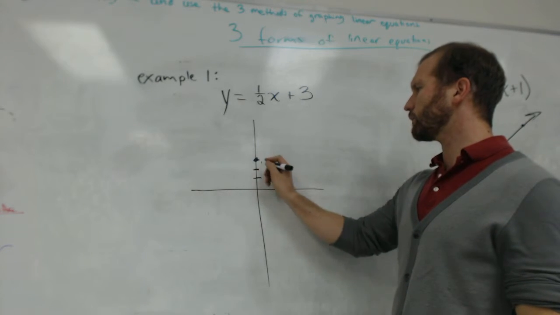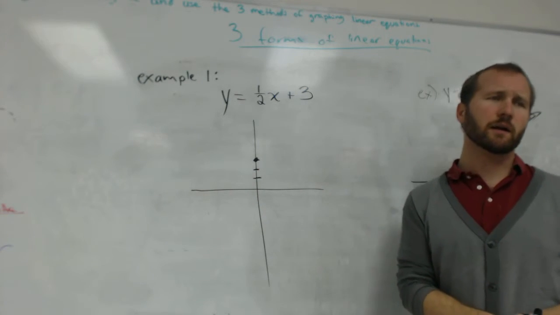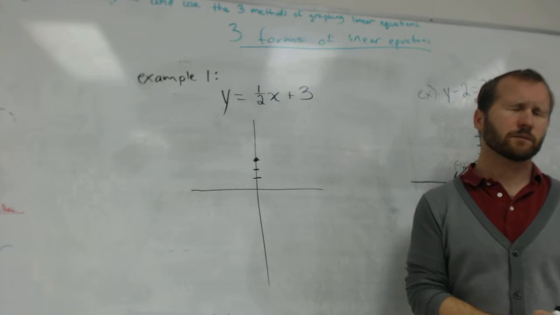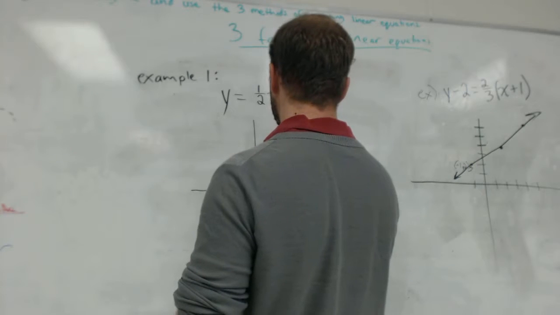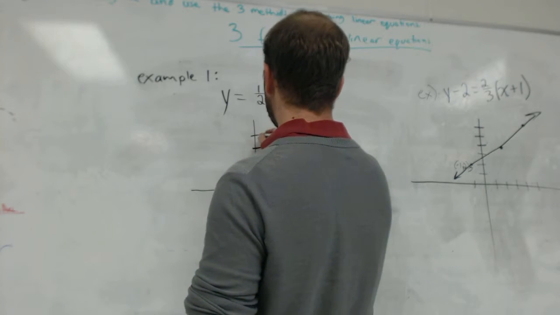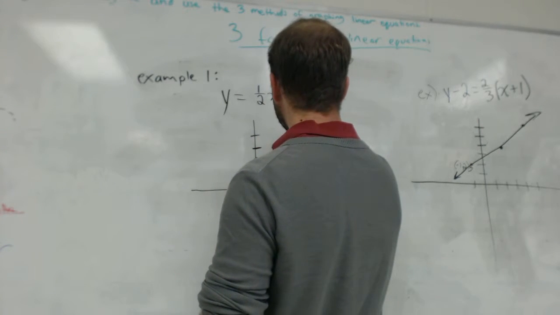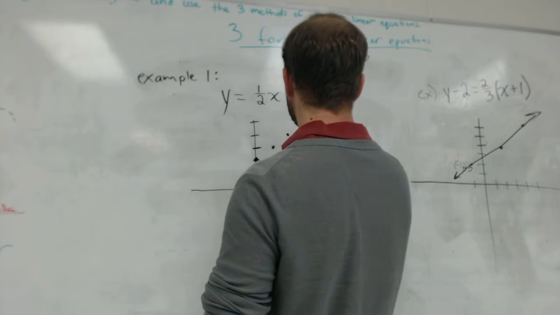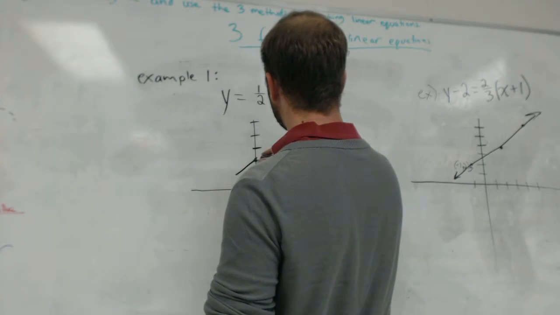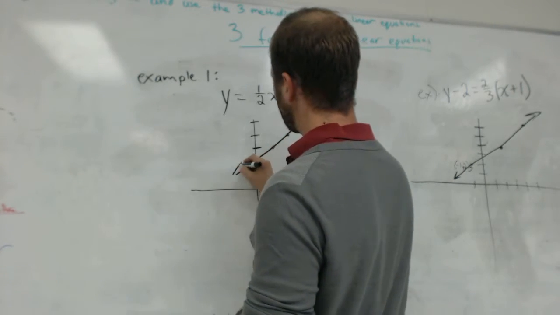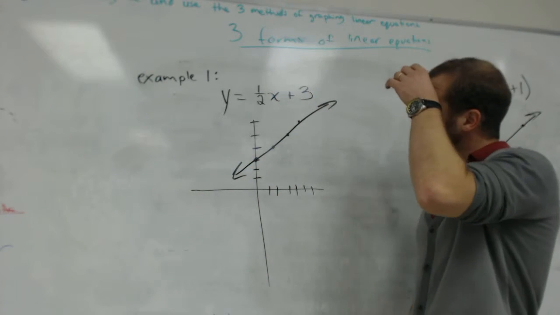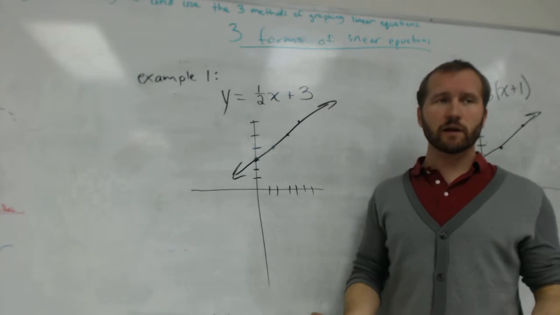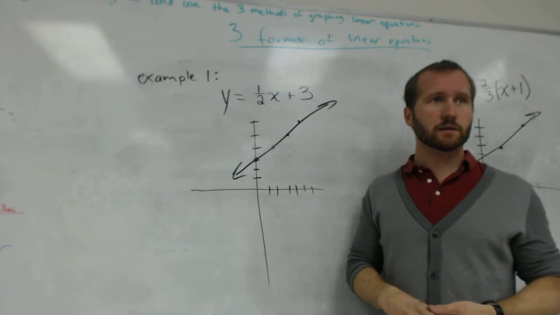That's my y-intercept. And then what do I do from there? Up 1 over 2. Up 1 over 2. We could keep doing that forever, and I would get a line that connects those points. Very good. That's all there is to that.